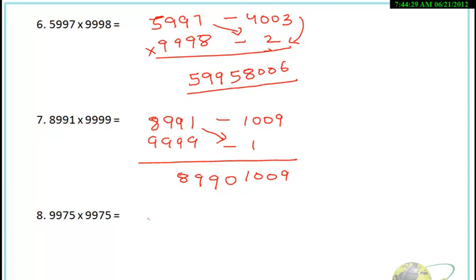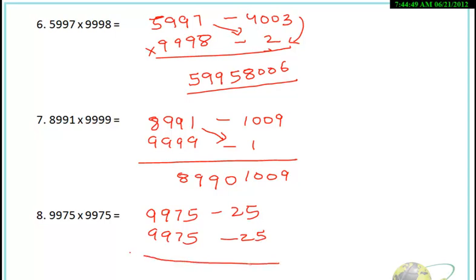In this case it is the square of 9975. So it is 25 less than 10,000. It is also 25 less than 10,000. So with this multiplication we'll be getting, I just write it over here, 9975, 9975.